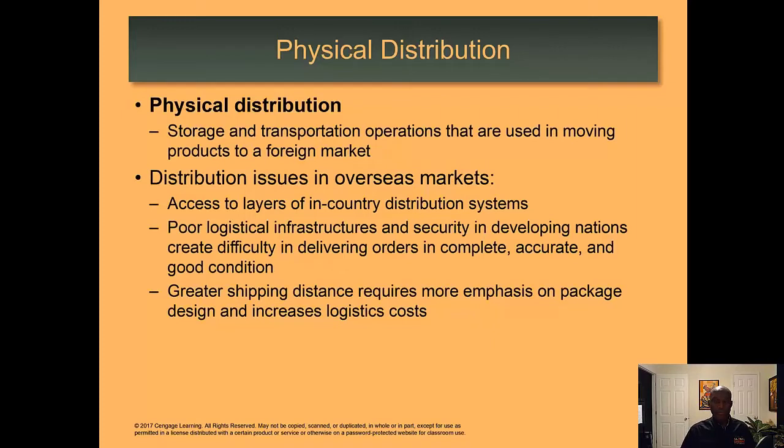Is it going to be hiring somebody on a bicycle to take your goods to point B if the road structure is bad? Are you going to use scooters and motorcycles? These are all options. Or are you going to have people selling your products on the street? Probably not, but that is another way that products are moved in a lot of these developing countries. You see these street vendors moving back and forth selling these products.